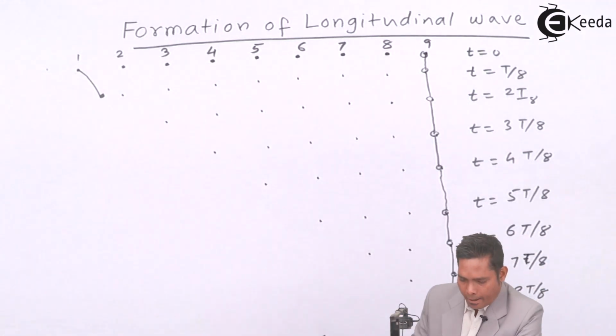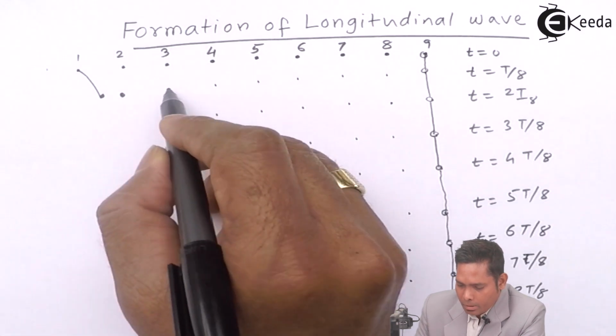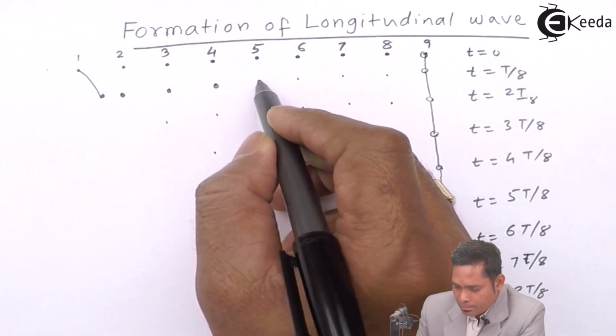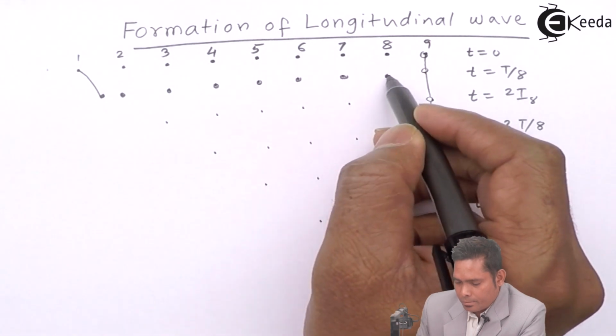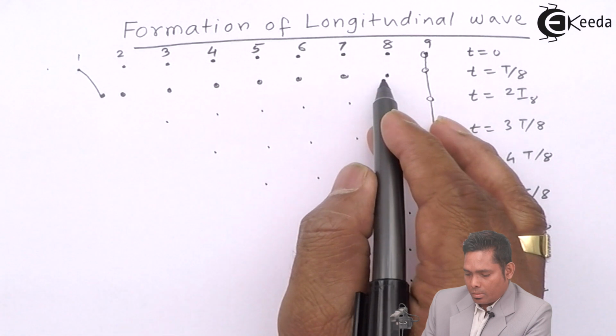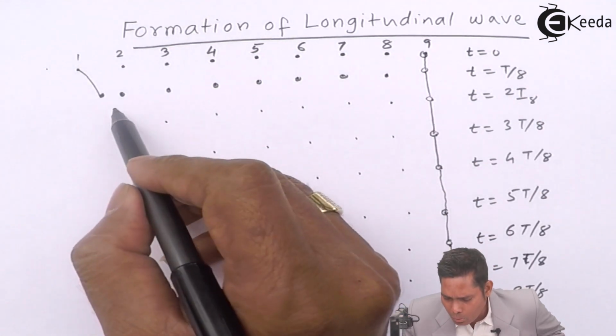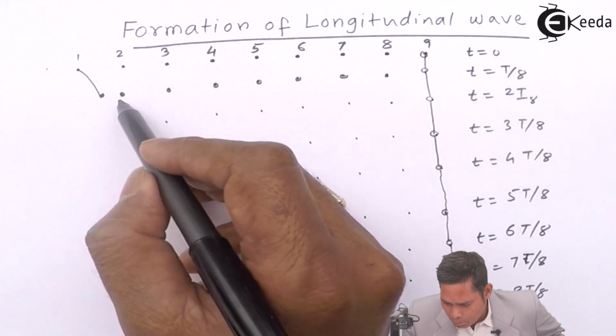This particle is about to receive the oscillation, and the remaining particles will be as usual. As usual, it will remain straight. Now, if I give one more t by 8, this will come to the extreme position, that means the amplitude position, here.